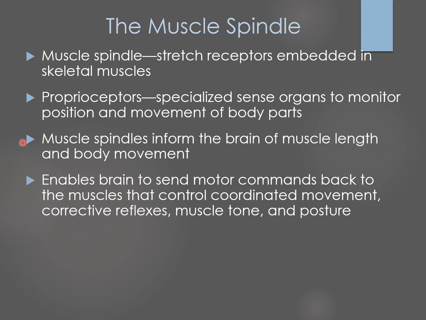These spindles will inform your brain of the length of your muscles and if they move. That enables the brain to send motor commands back to the muscles that can control your coordinated movement, your muscle tone, your posture. It's what keeps you standing upright when you're trying to stand up in a boat.